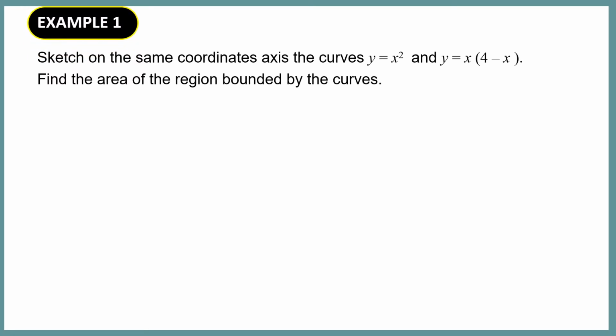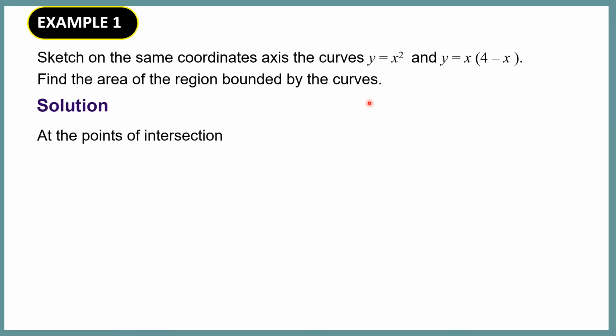Let's look at the first example. Sketch on the same coordinate axis the curves y equal x squared and y equal x multiplied by 4 minus x. Find the area of the region bounded by the curves. The first step is to find the point of intersection between the two curves.